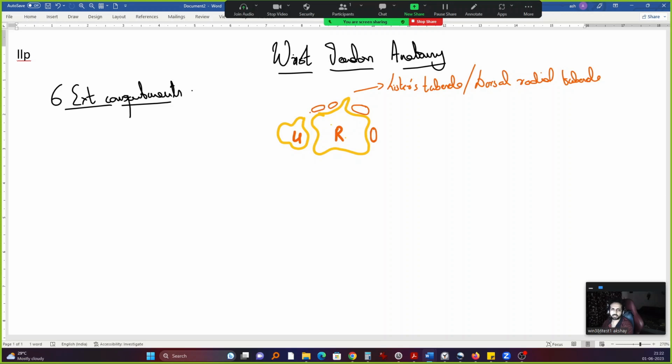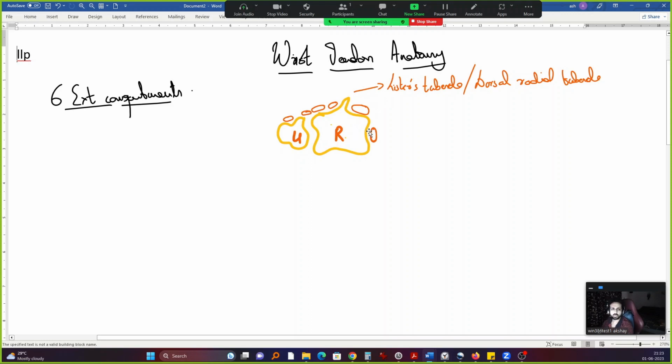Then one is bridging the radius and the ulna, and the ulna has exclusively only one extensor compartment. So these are the 6 extensor compartments, and the tendons will be going within them.